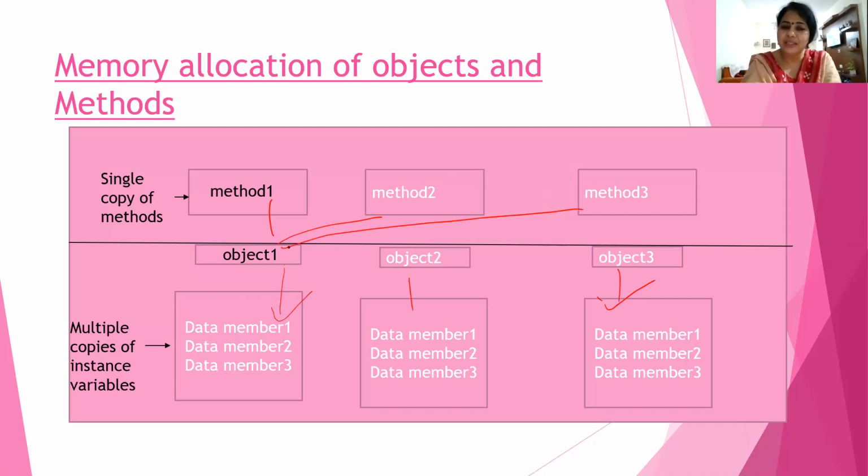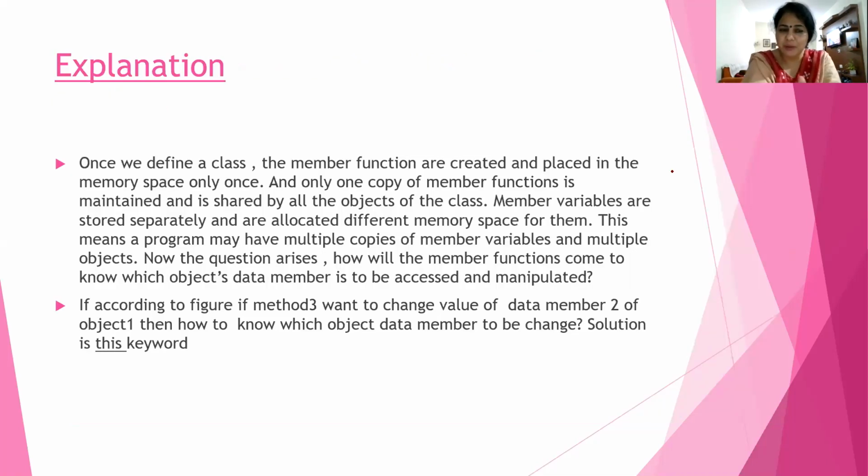Method 1, method 2 and method 3 are accessible by object 1, object 2 and object 3. Only one copy of the methods is maintained in memory, and that is why they are shared. But for each and every object, multiple copies of the data members have to be made in memory. Here you just see the explanation.